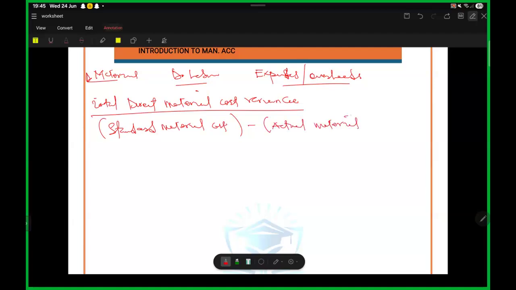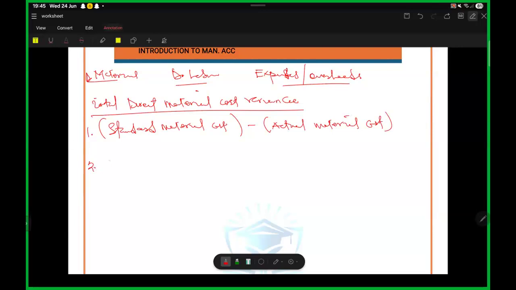This is the total direct material cost variance. And the material cost variance can be segregated into price variance and usage variance or quantity variance.